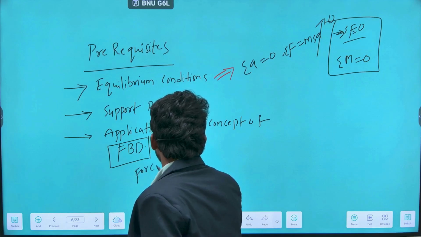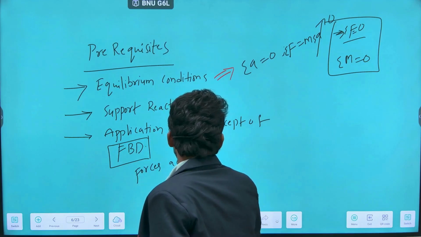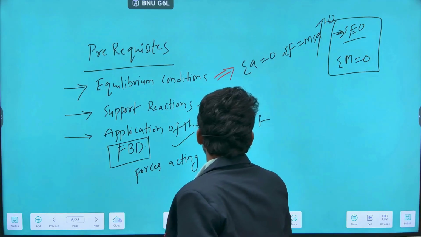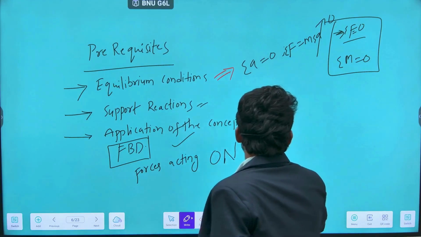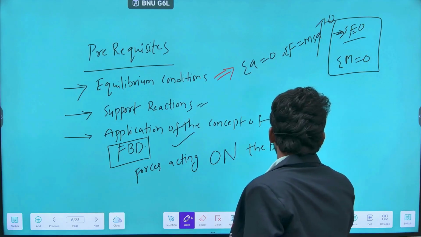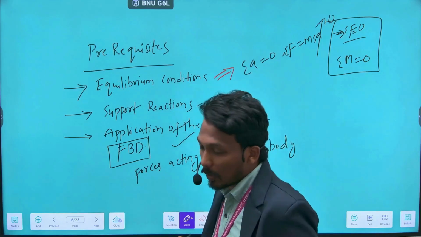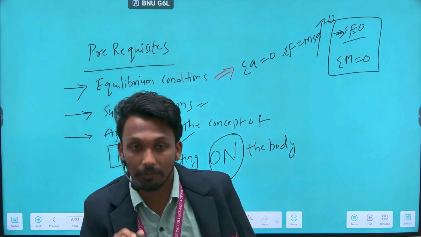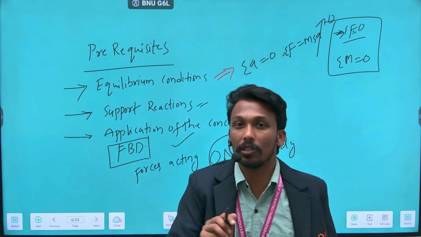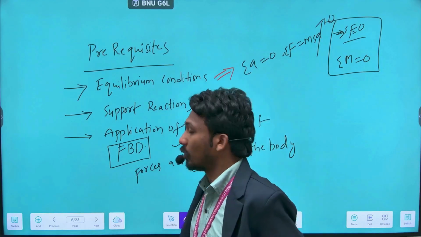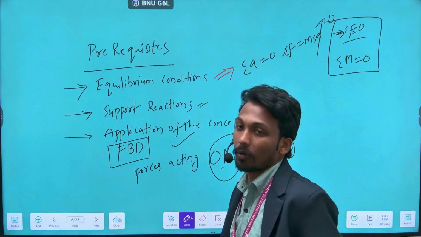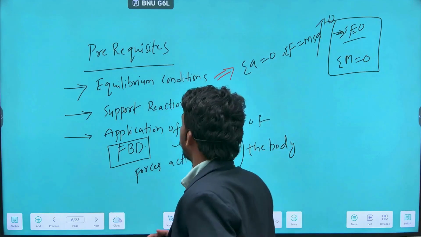This is very important. In a free body diagram, we represent the forces that are acting on the body. Why is it important? When I am dealing with the problem, I'll discuss.